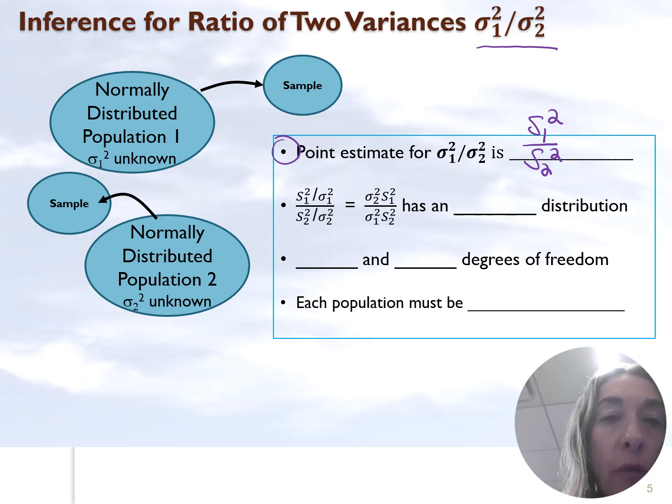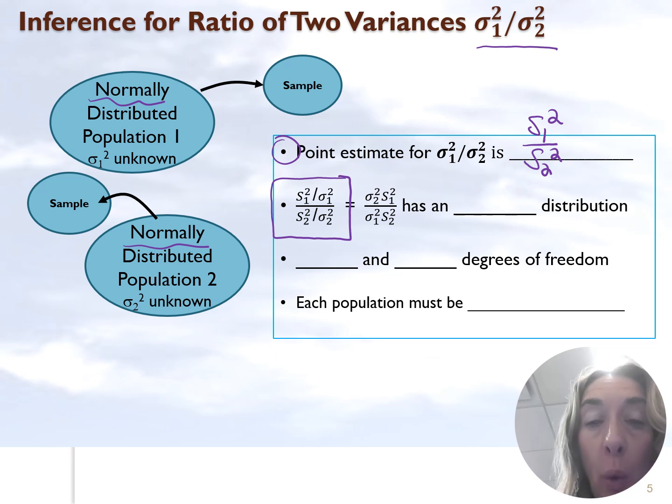So if we take a sample from each of two normally distributed independent populations, then this particular statistic, which is the ratio of the sample to the population variance in the first population divided by the ratio of the sample variance to the population variance of the second population, has an F distribution.